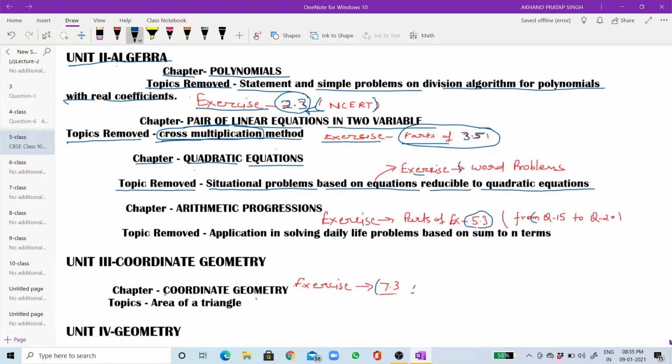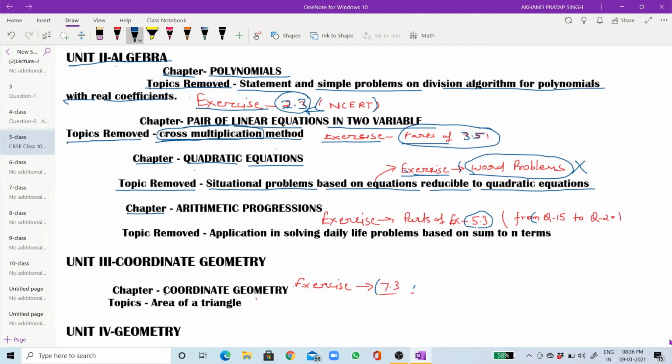So those students who are not able to solve word problems and not able to convert the word problem into a numerical problem will feel happy because it will be removed from your syllabus. So if you look at the exercise, then word problem type exercises will be left.